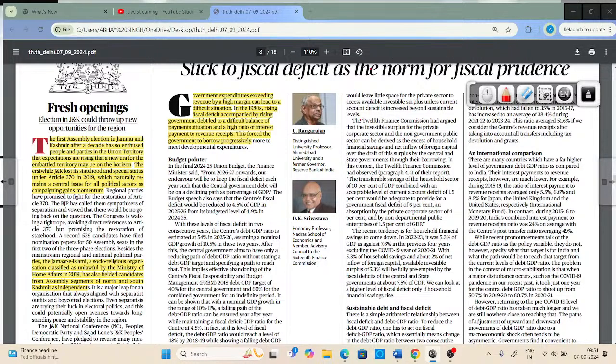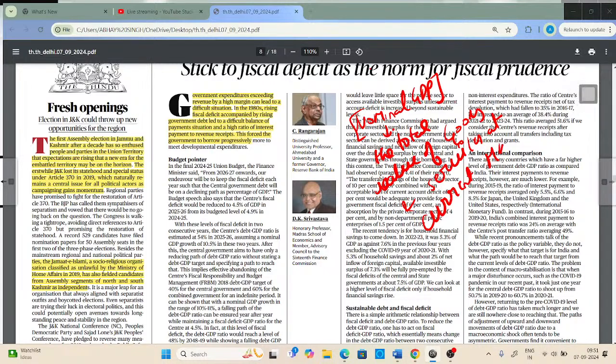Now, what do we understand by the term nominal GDP? Nominal GDP means the total value of goods and services produced within the territory of India at the current market price.